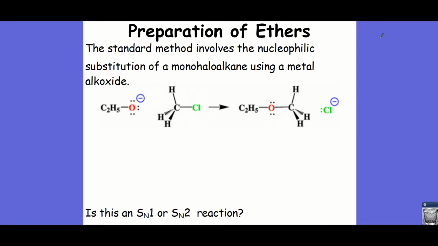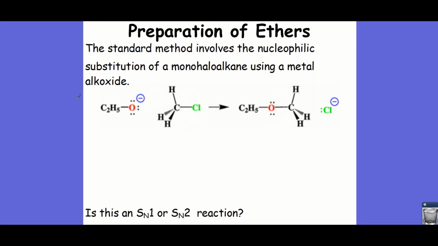We do that using a metal alkoxide, which we prepare by adding an alkali metal to an alcohol of our choice. So if we want our alkoxy substituent group to be an ethyl group, like an ethoxy group, we would add our alkali metal to ethanol, for example. So it's quite easy, and then we determine the other end of the ether by what monohaloalkane we use. So it is quite easy to do.